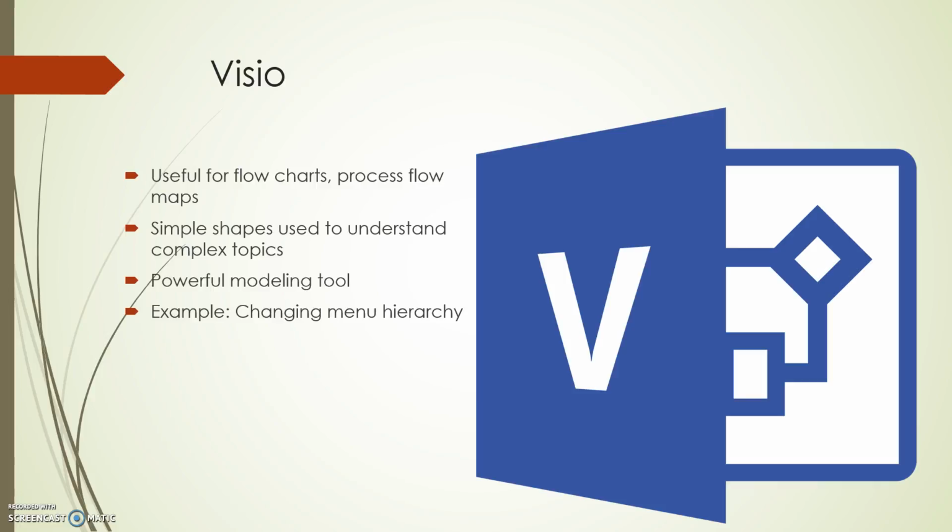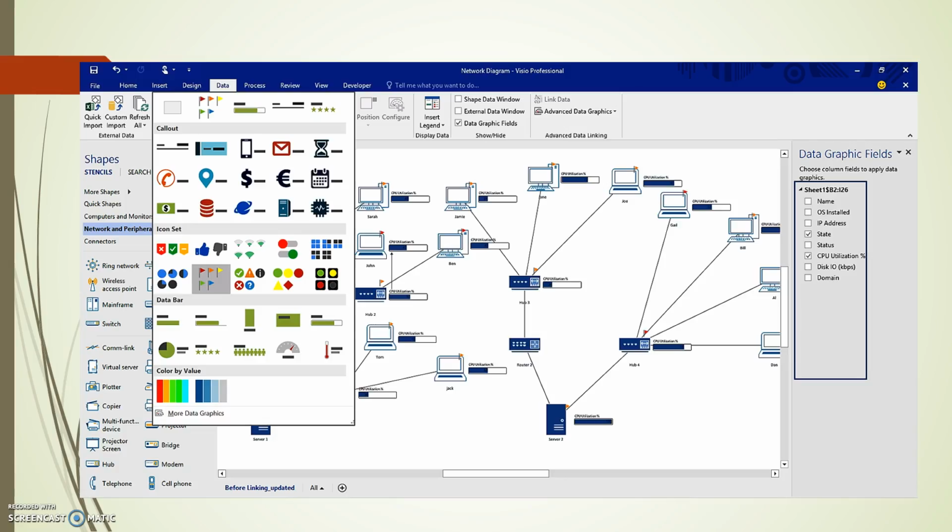For example, the person I interviewed about clinical informatics, who gave me all this information, said that she used it to change the menu hierarchy and to show how that would work based on a new menu hierarchy once it was redesigned. Again, going back to the redesign, the end user usability. If you're big on usability, then clinical informatics is a very good field for you to get into.